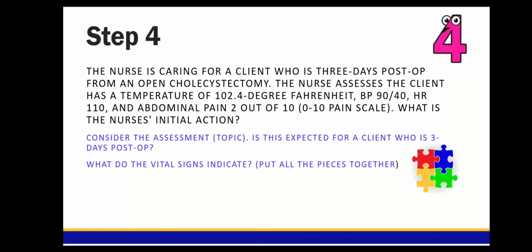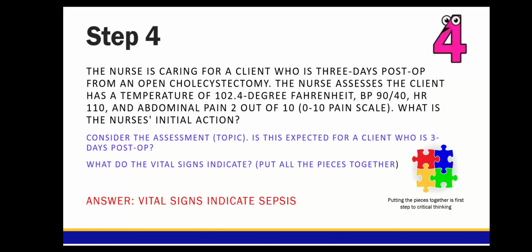Now we have to do a little analysis. We need to dissect this a little bit further, okay? This is the critical thinking piece that I was mentioning, right? This is where we get to put all those puzzle pieces together, all right? So the answer: the vital signs indicate sepsis, right? Did you think of that?